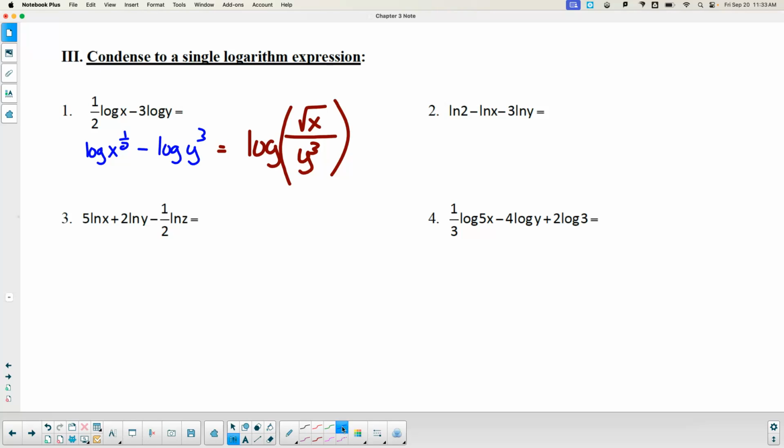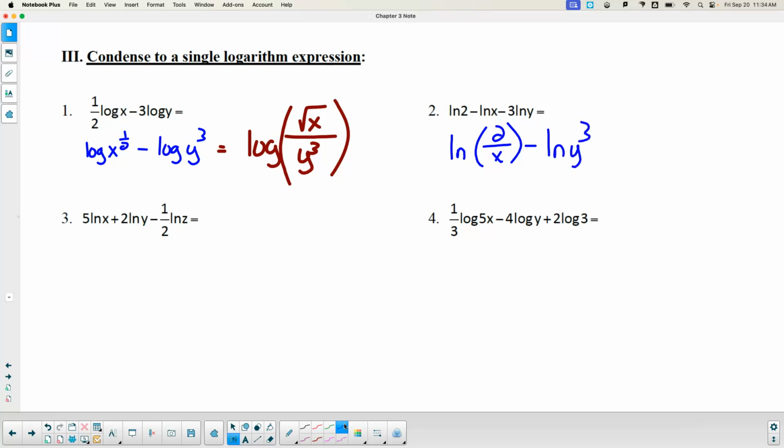Here on number 2, natural log of 2 minus natural log of x is going to be the natural log of 2 over x. I don't like how I wrote that one, so I'm going to quick rewrite that. But then I still have got minus the natural log of y cubed.